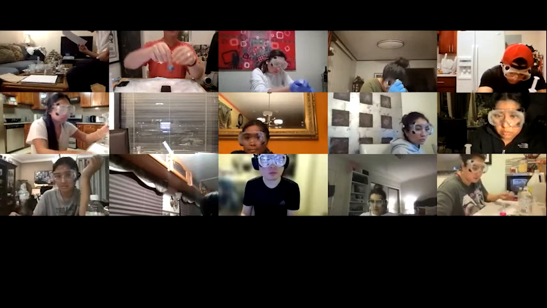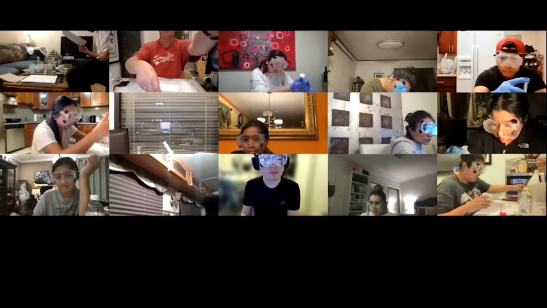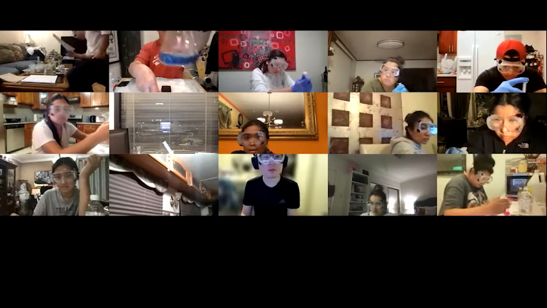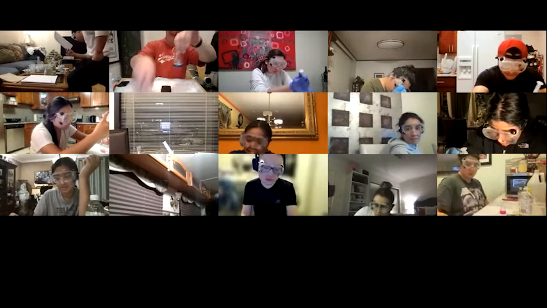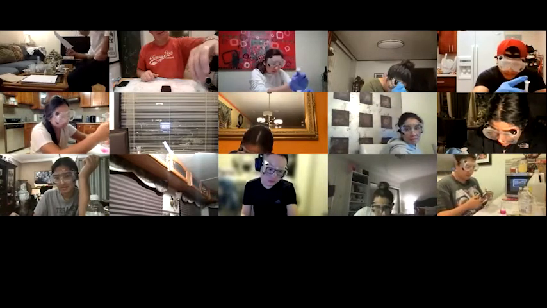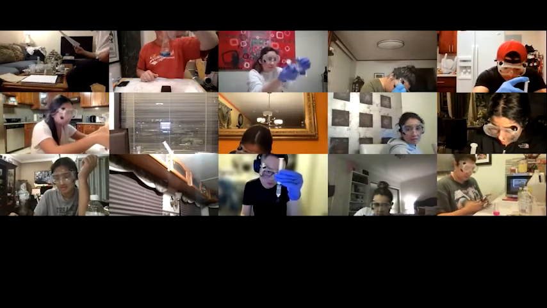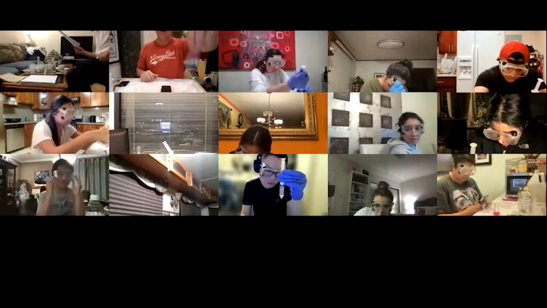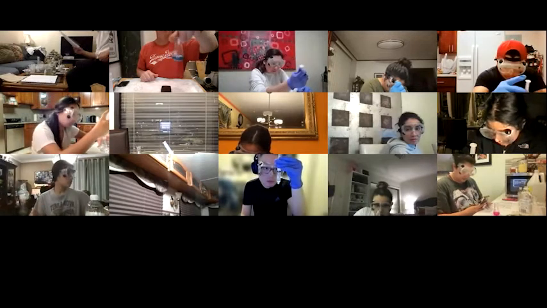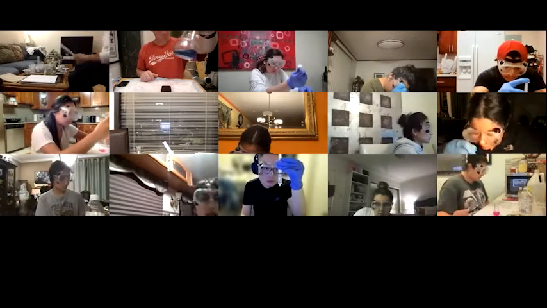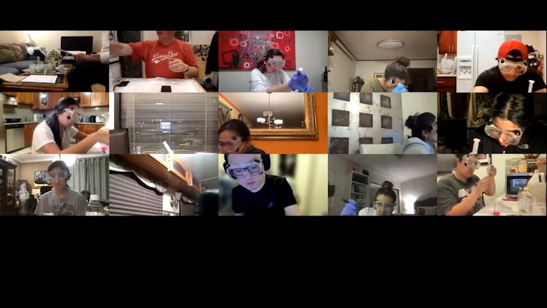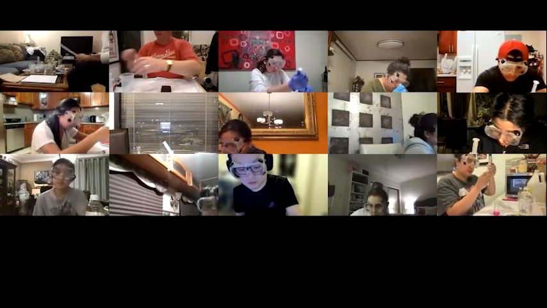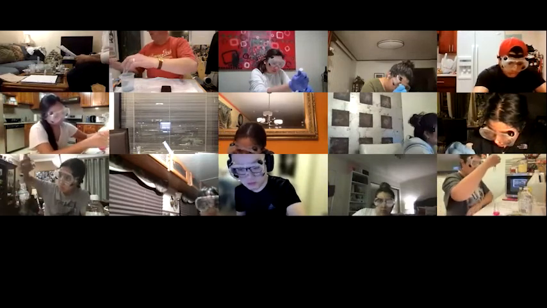I think I should have washed out my container, because now I have blue. So there was quite obviously something else in here that I did not wash away. It went from clear to blue. I think I will dump that out and wash it out again, because blue is not really the color we're going for.